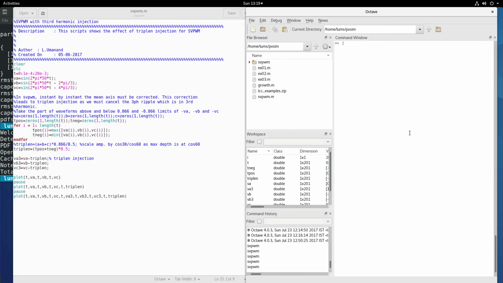Let us understand this by going to Octave. I have a small script written, svpwm.m. Here I am trying to see the effect of third harmonic triplen injection into the fundamental, and what advantage you gain in SVPWM because of the third harmonic.